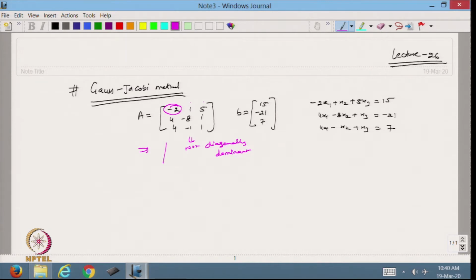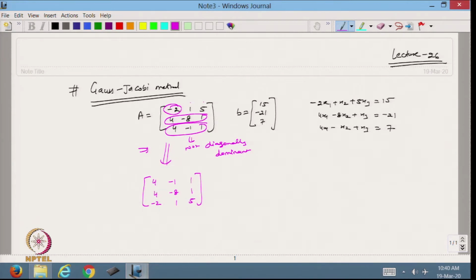Even if I change this matrix into this form, interchanging the rows, I will change the first row and this row. So suppose I take 4, -1, 1, and then 4, -8, 1, and then -2, 1, 5.